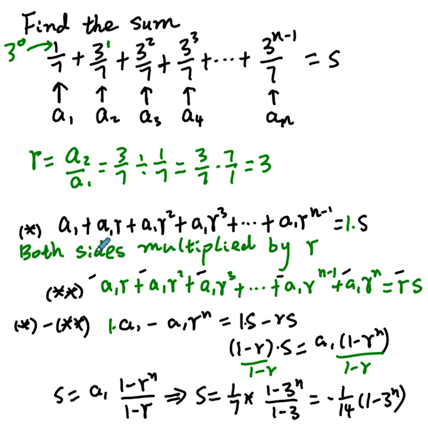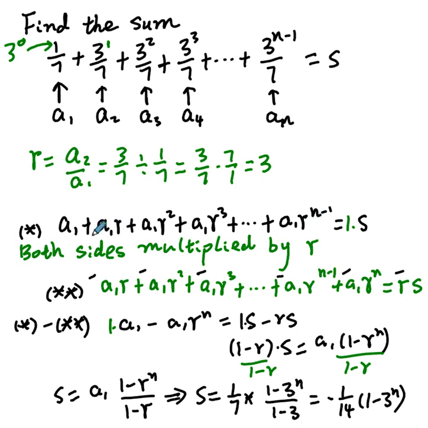Now, here we need to derive the general formula. So both sides multiplied by R. So upstairs, that's the equation. Left-hand side multiplied by R, we got this. Right-hand side S multiplied by R, we get RS. This term A1 times R to the n minus 1 multiplied by R, we have A1 times R to the n.